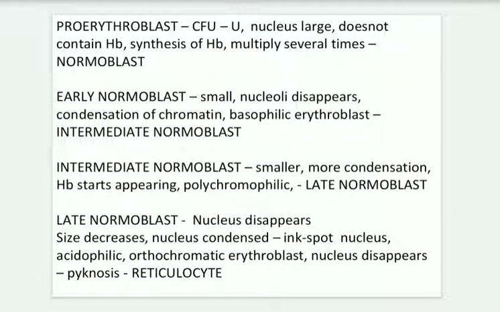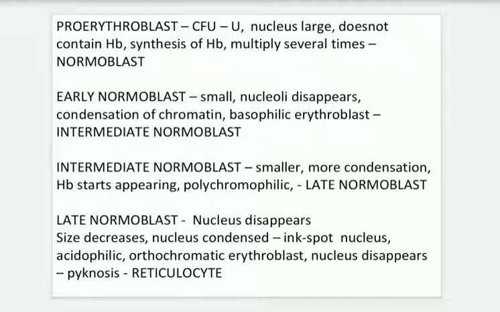What happens in late normoblast? Your nucleus disappears. This is a point to be remembered. The nucleus disappears and the size decreases further. The nucleus becomes very small with condensed chromatin and is known as the ink spot nucleus.